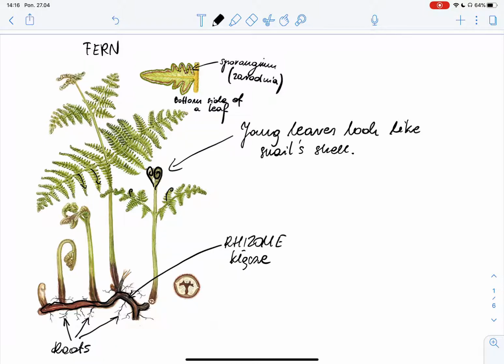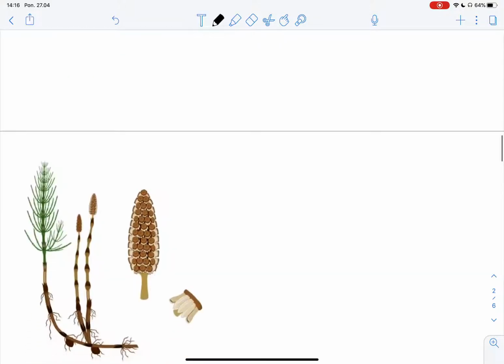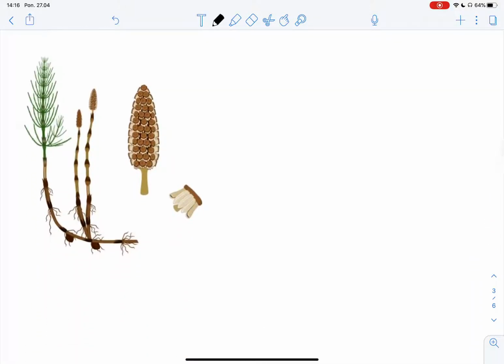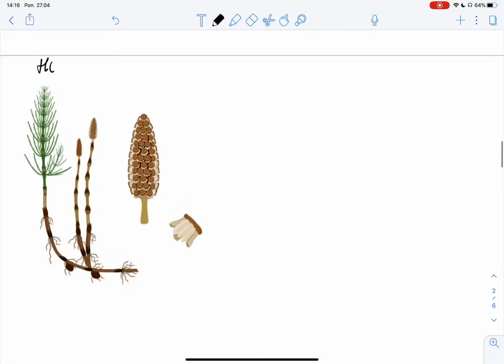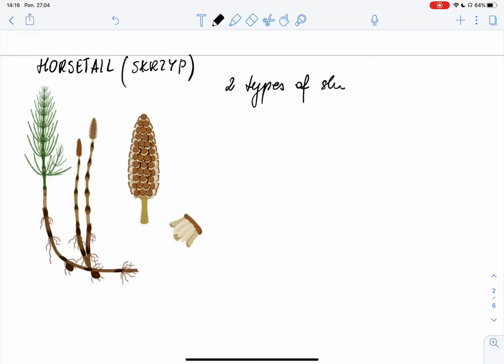So let's move on to the second group, which are horsetails. And here we have an example of a horsetail. Jeszcze raz po polsku skrzyp. Basically, they have two types of shoots.